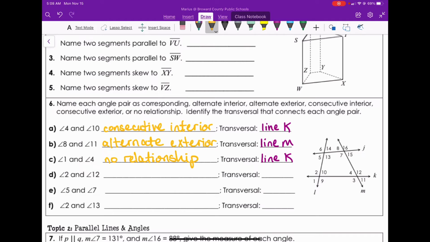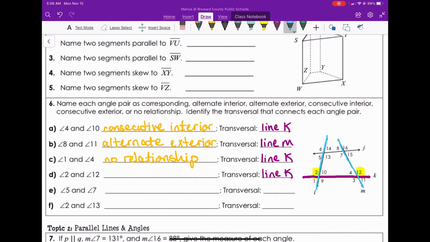All right, angle 2 and angle 12. Both of those are once again on line K. Line K is getting a lot of action. They're both on top of line K. And when we look at how they compare to the two blue lines, they're outside the blue lines.